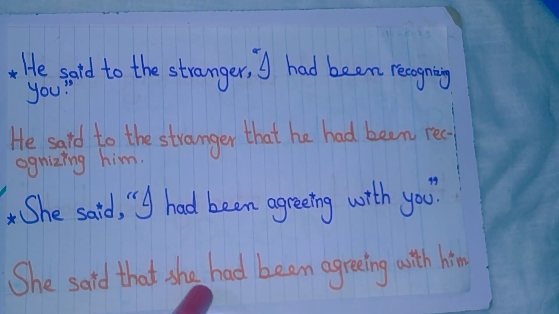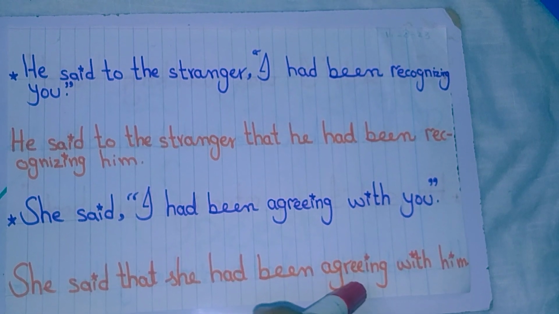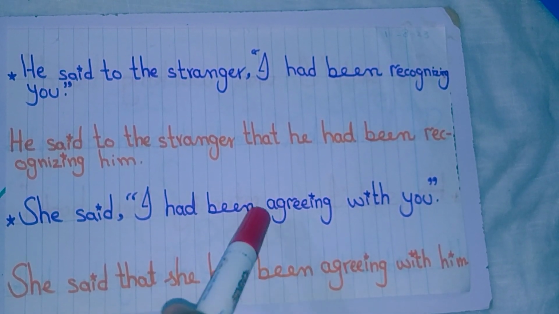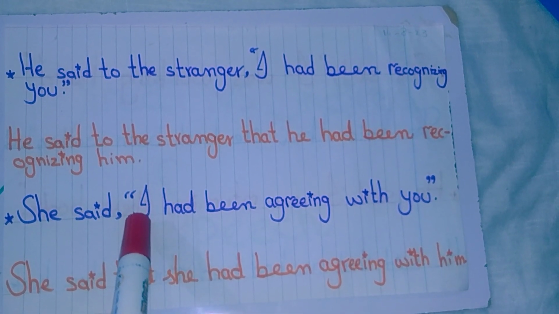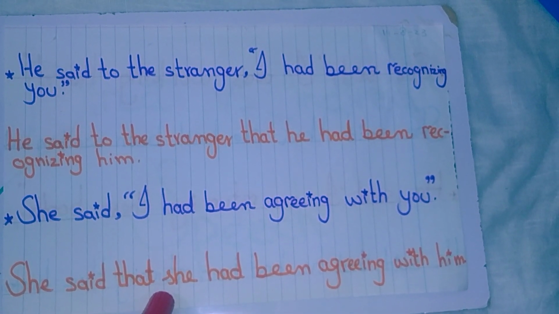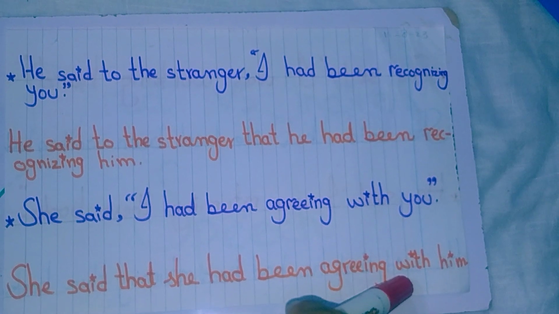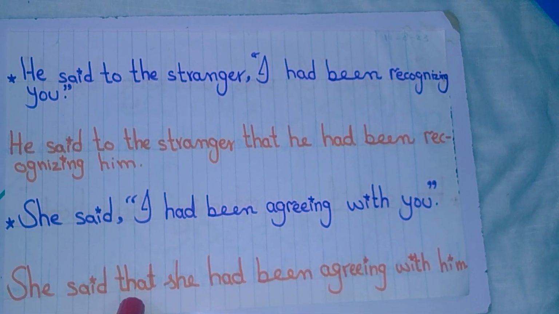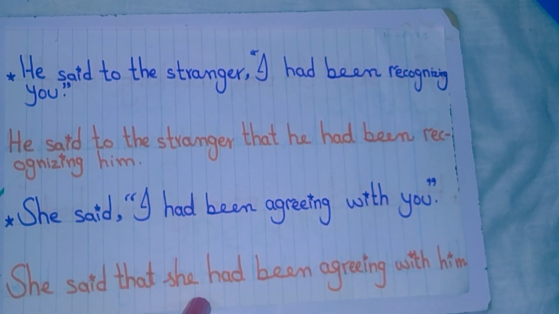She said that she had been agreeing with him. I have changed the pronouns: I have changed "I" into "she," and "you" into "him," as you can see, and I have used "that," okay? I have removed the commas, all right, in both examples.